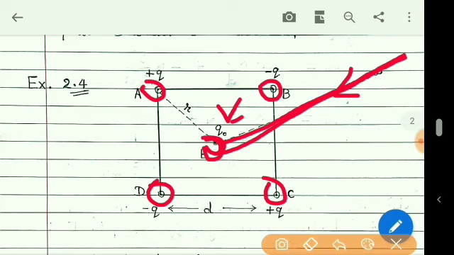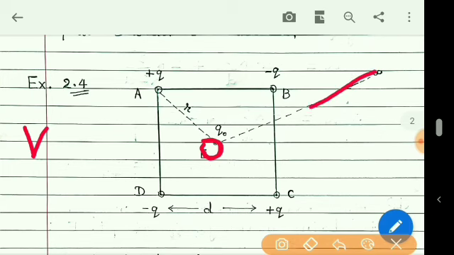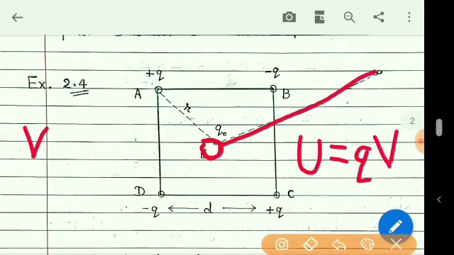So to find this extra work, what we will do? We will first find the potential at the center. Remember what we are going to find? We are going to find the resultant potential at the center, and then we will bring this charge q naught, because U is equal to charge into potential.